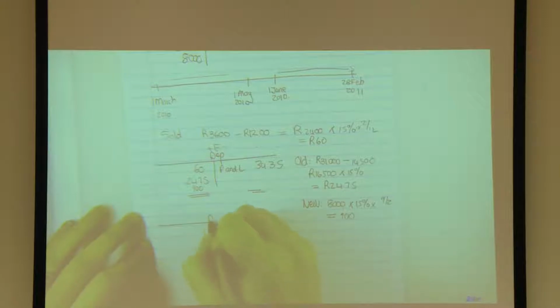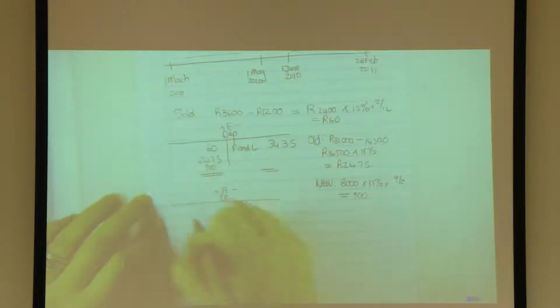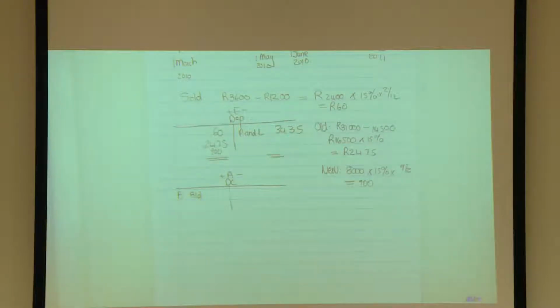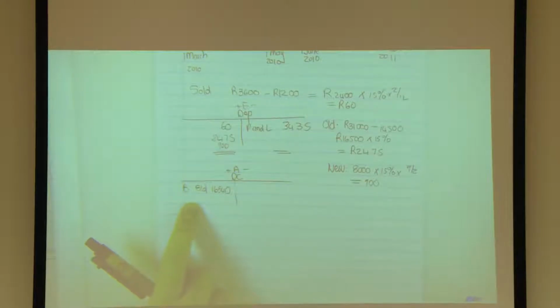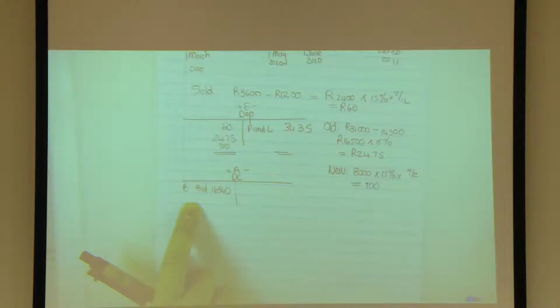So debtors control is an asset. We have the balance brought down on the debit side. So from the pre-adjustment trial balance, the debtors has a balance of 16,540. Again, it's not even necessary to write that in your T account. I'm doing it for explanation purposes, that you know where it comes from.